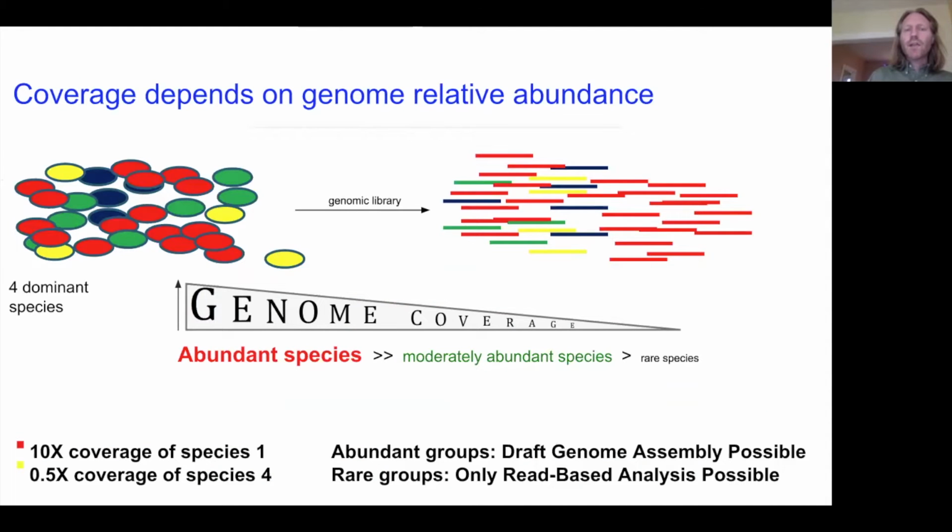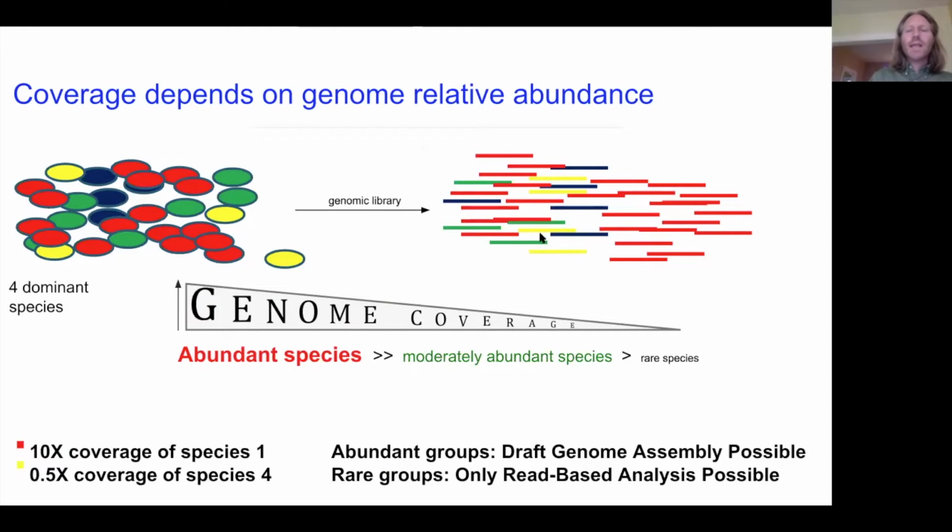So the answer to that question depends on the relative abundance of that red genome in the environment. So if we have this collection of cells over here on the left that makes up some population, and we extract the DNA and do a library prep, which involves randomly shearing the DNA into small fragments, then we get this genomic library over on the right.